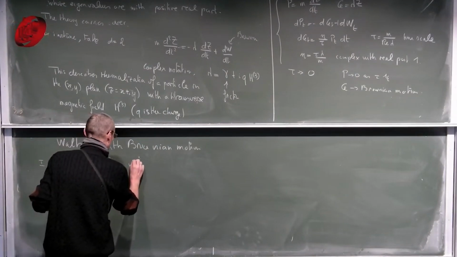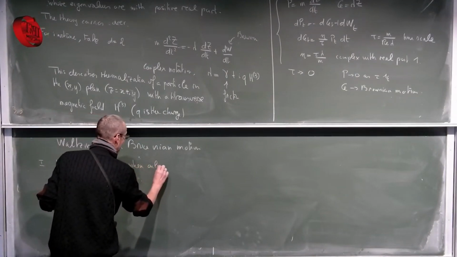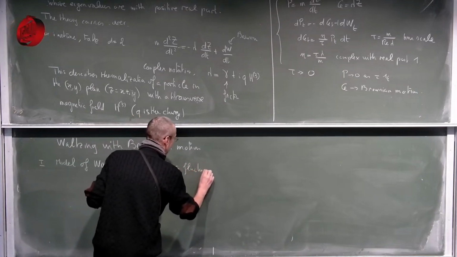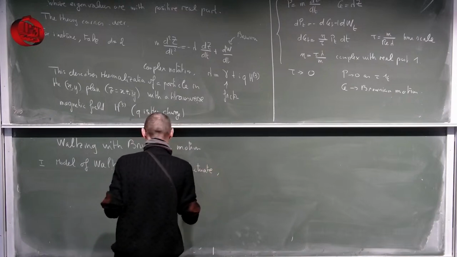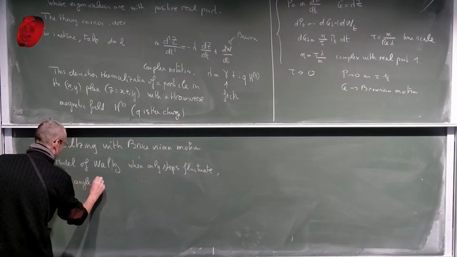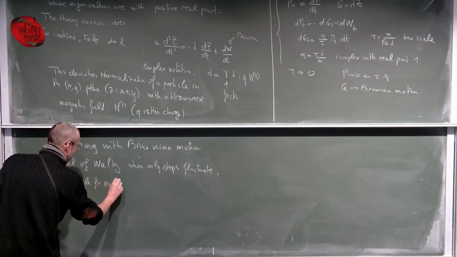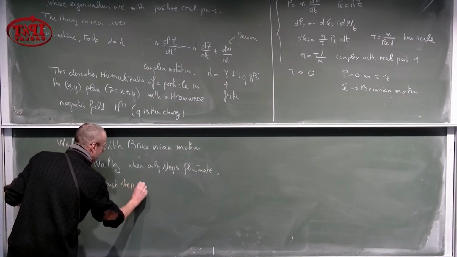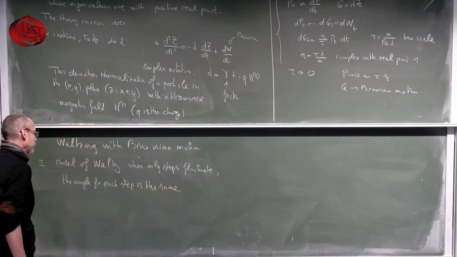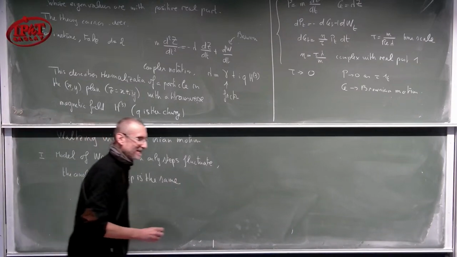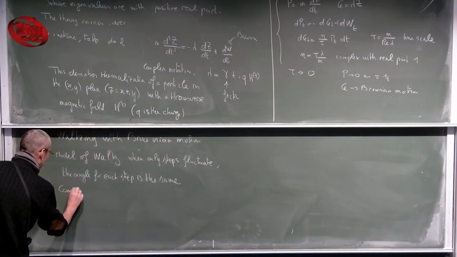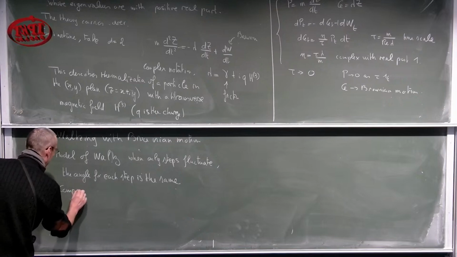When only the steps fluctuate, the angle for each step is the same. And so imagine I take complex coordinates where the dance floor is a part of the complex plane.